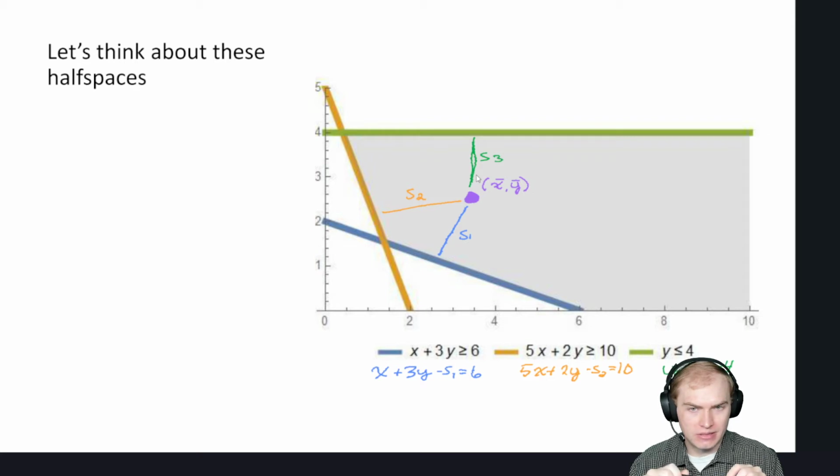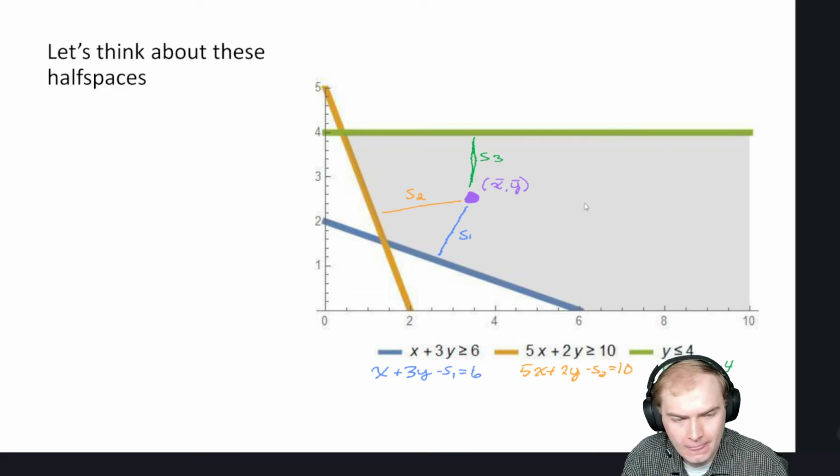So I tend to write my slack variables as s's rather than x's. This will help when we get to the sections on duality and sensitivity analysis, because being able to identify slack variables from true decision variables is important in those contexts.